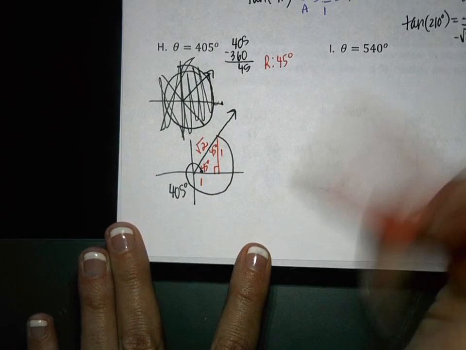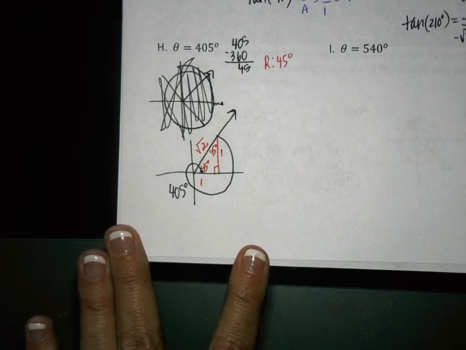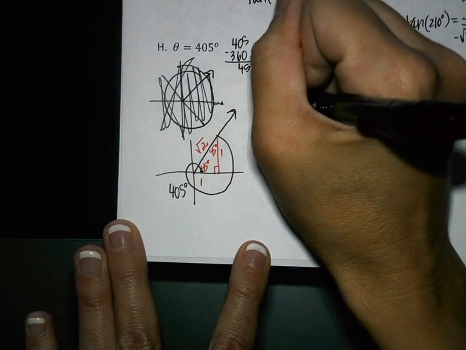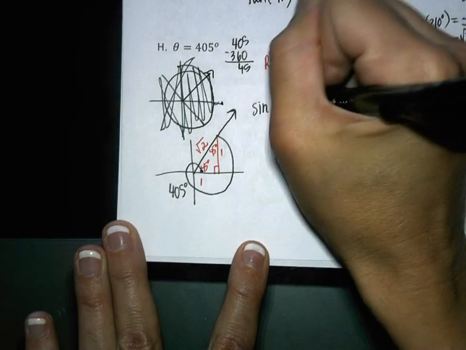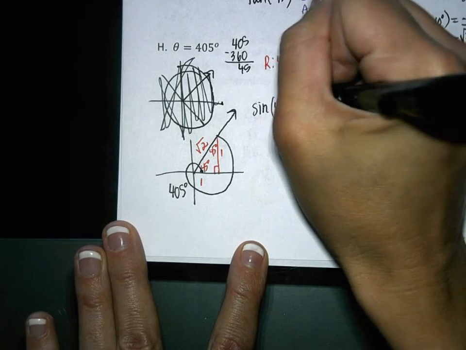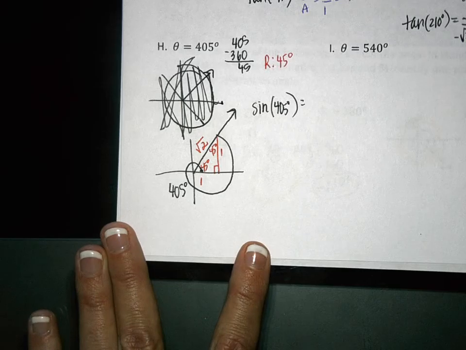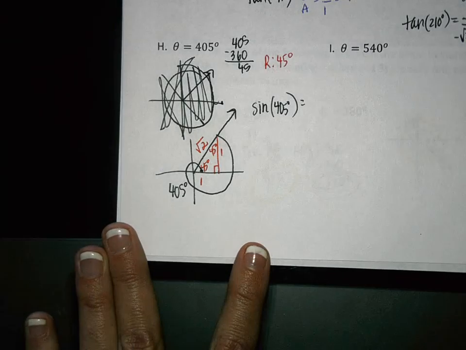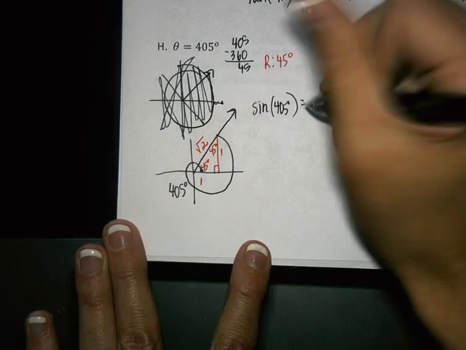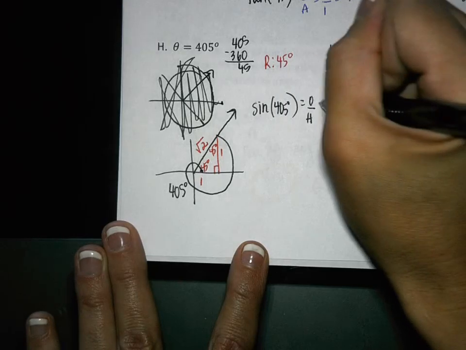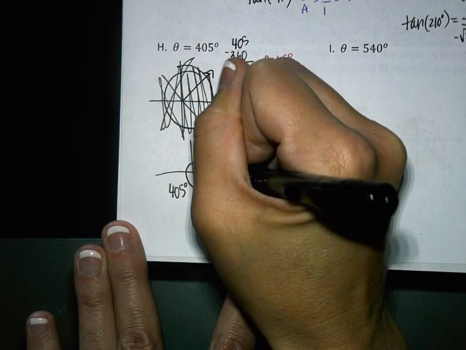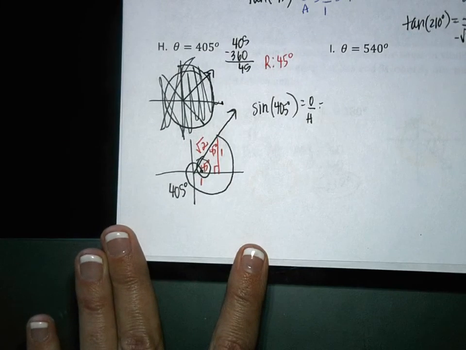Okay, so we have sine of 405 degrees. We know that sine is going to be what? Opposite over hypotenuse. Again, your reference angle, that's the angle you're talking about. So what is my sine from there?